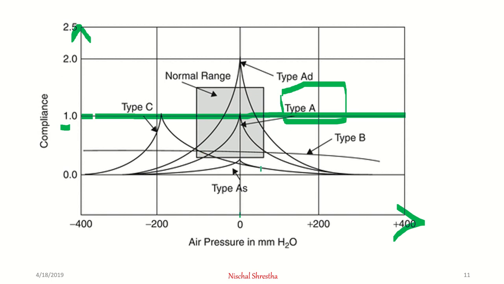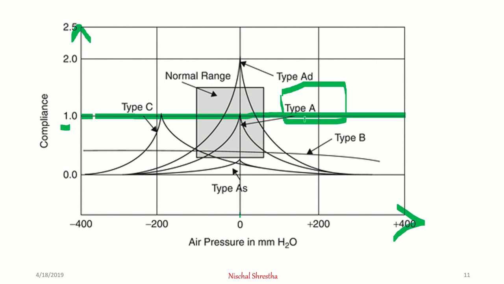And type C, what we see is that compliance is in the normal range. This pointed tip denotes the maximum compliance, and it lies in the normal range. But the pressure has decreased. See, the pressure has become more negative.